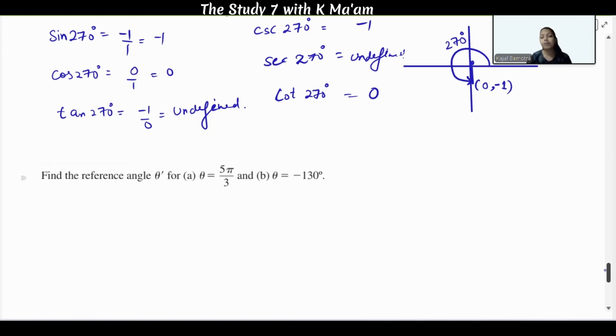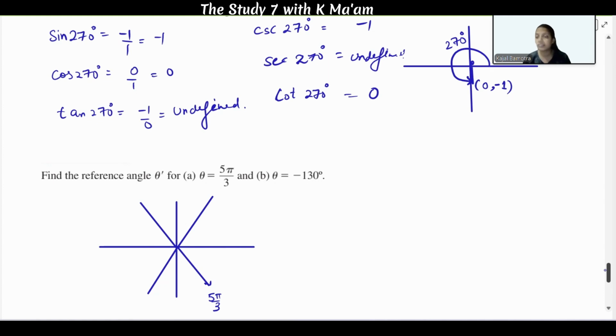So 5 pi by 3. Where will 5 pi by 3 lie? There is pi by 3, 2 pi by 3, 4 pi by 3 and 5 pi by 3. This is 5 pi by 3, and I have to find its angle with the x-axis.